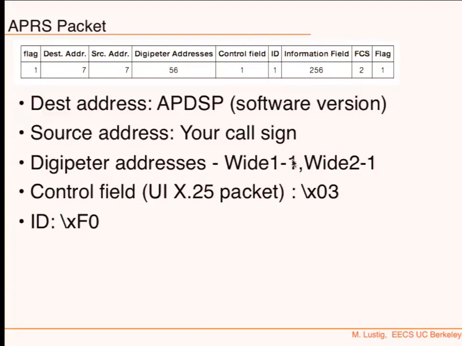Digipeaters: WIDE1-1, comma, WIDE2-1 will guarantee that your packet will be digipeated at least twice. A digipeater receives a packet, sees WIDE1-1, WIDE2-1, removes the WIDE1-1 from it and sends it again. Then the next one will pick it up, see WIDE2-1, remove it, and will not propagate it any further. So it digipeated twice.